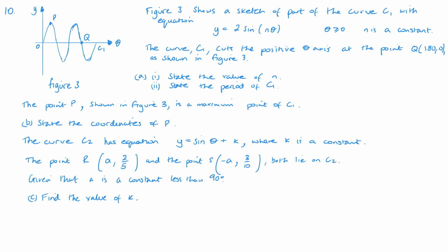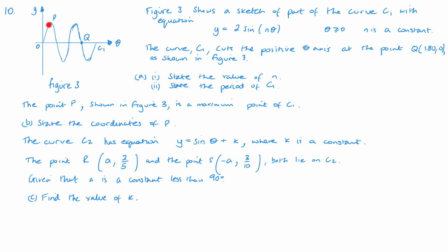Okay, so what we've got here is a sketch, part of a sine graph. Now here we can see that this is 180 degrees and 0, and that's point Q, which is here. And we want to be able to work out the value first of n.